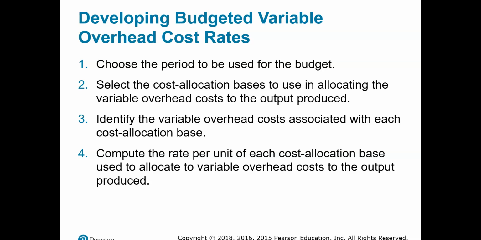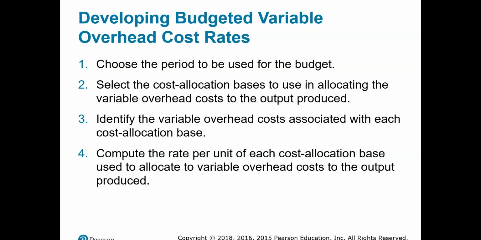Second, we're going to find the cost driver of those overhead costs and use that as our cost allocation base. So if the driver of our overhead cost is machine hours, then we'll choose machine hours as the cost allocation base.